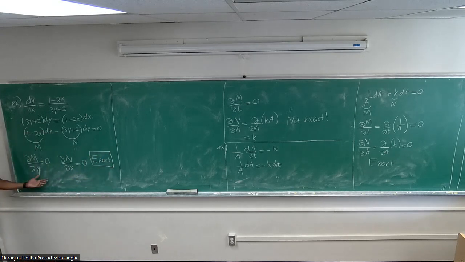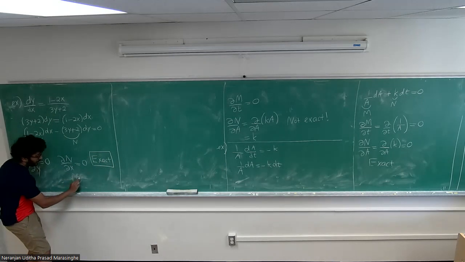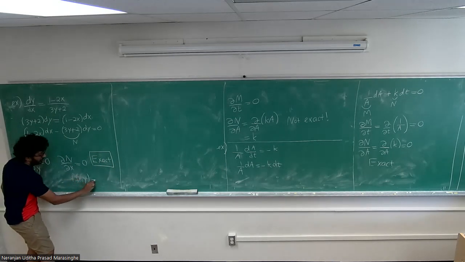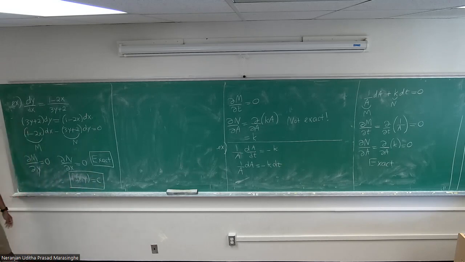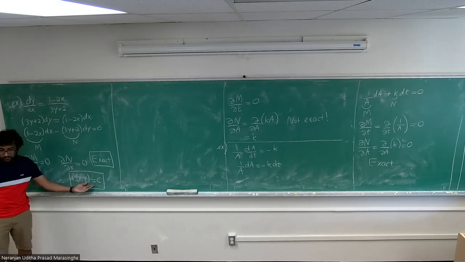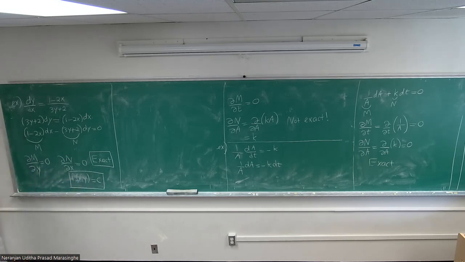Now we know that the solution to this differential equation is going to look like something like this: F(x, y) is equal to c. That's our theorem, right? If a differential equation is an exact equation, it has a solution like this. Okay. Right. So how do you find the solution?